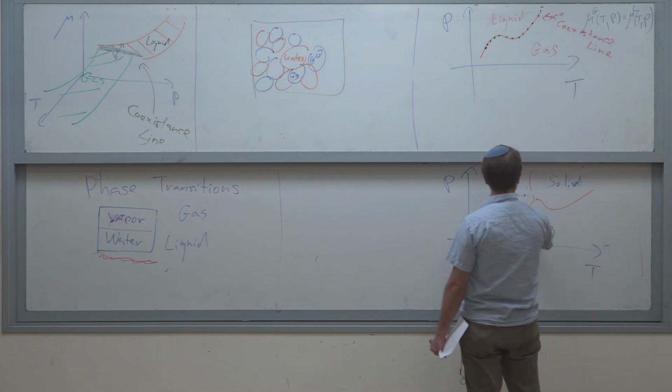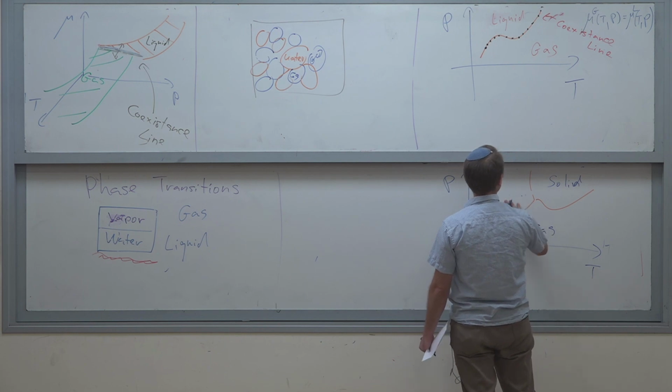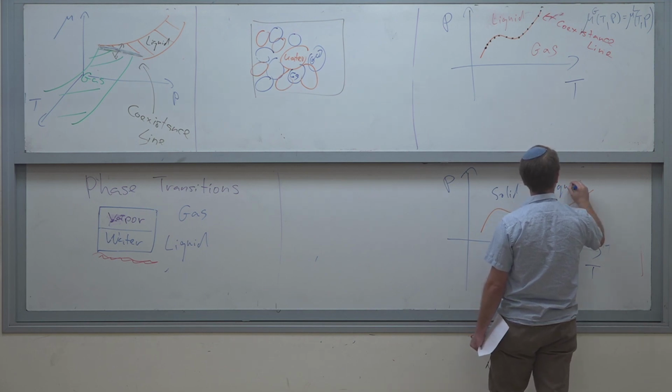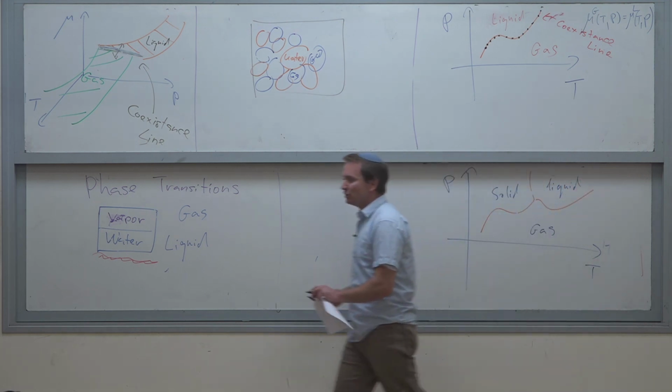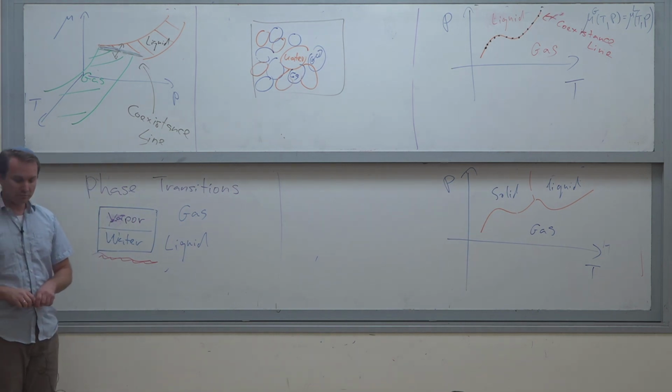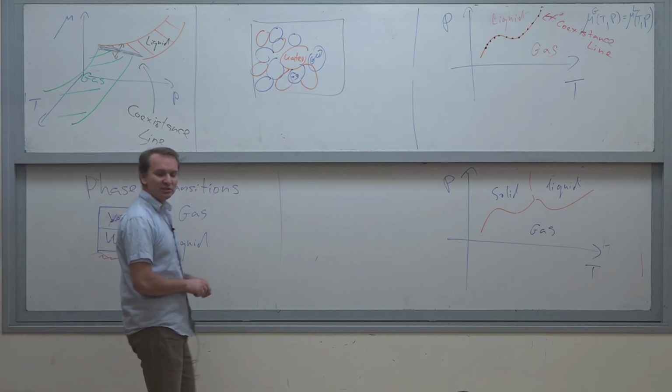Solid on the left? Okay, right. It's on the left, solid. Here we have liquid. Thank you. How do I know there is only a point? Okay, the lines will cross each other.